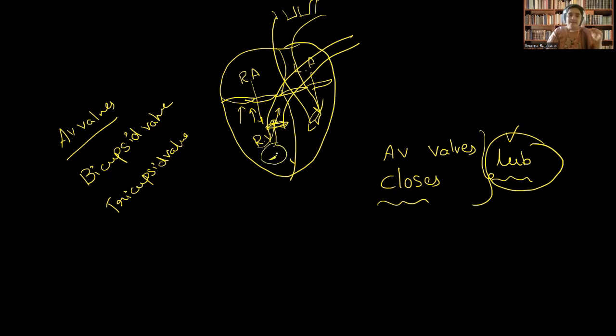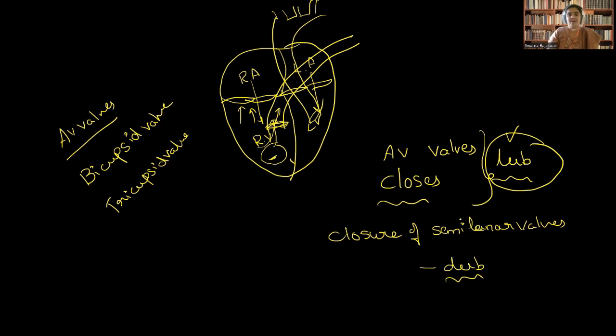When the pressure in the ventricle becomes less, the semilunar valves immediately close to prevent the backflow of the blood. So the closure of the semilunar valves causes the sound dub.